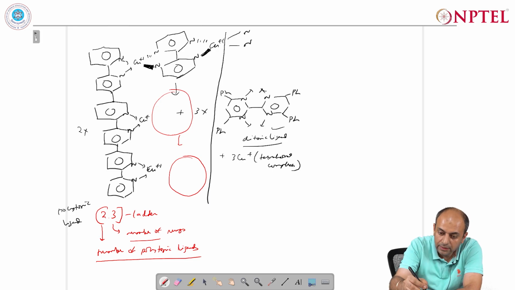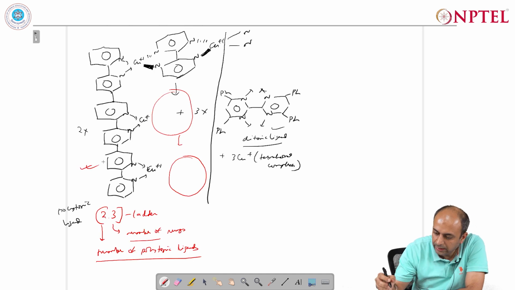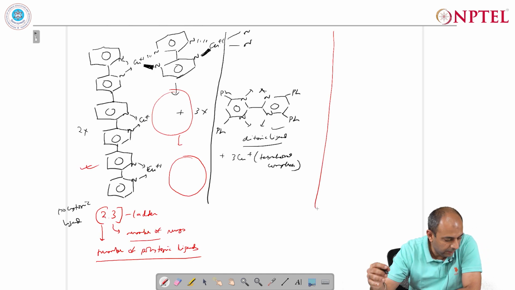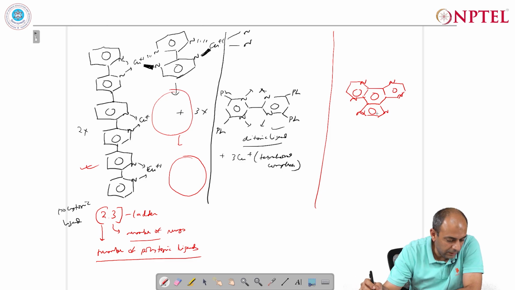Another very interesting example is where you can generate an even larger ladder. For example, you can use the same ligand which I mentioned in the previous case, and now modify the rung. The rung can be modified as follows. We can now use this particular species.